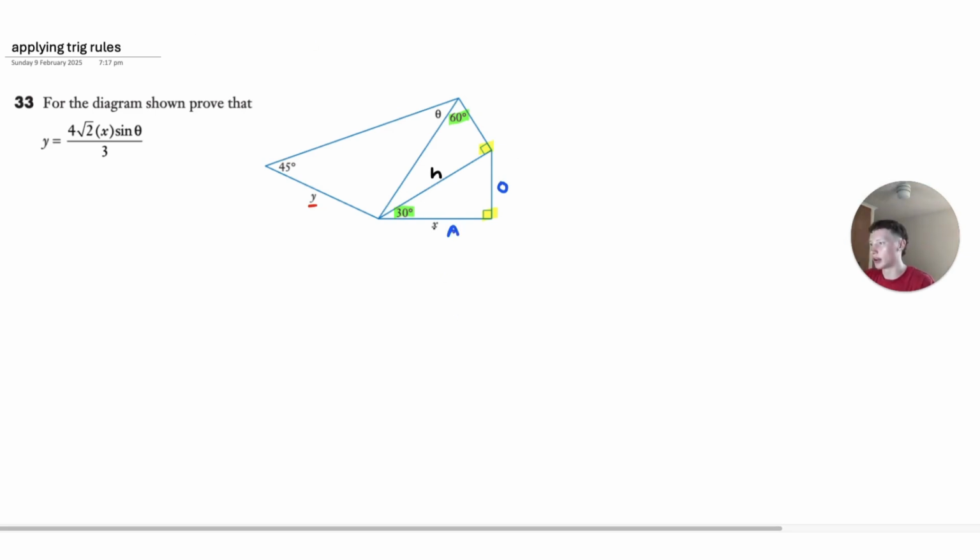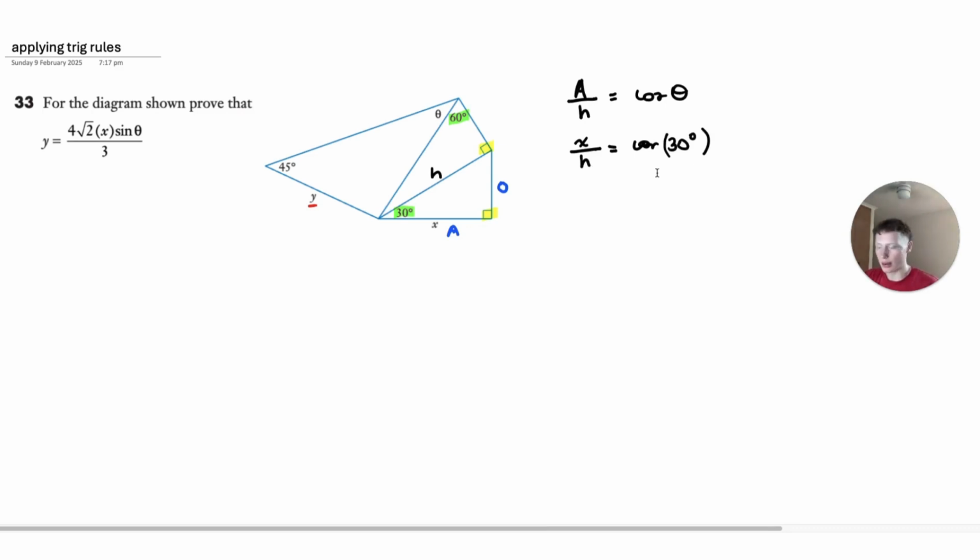And so the two sides we want to work with are adjacent over hypotenuse. And if we've got adjacent over hypotenuse, that will be our cos ratio. And so what we can then do is plug in what we know. So we know that our adjacent side length is x. We want to find our hypotenuse, and we know that the angle we're referring to is 30 degrees.